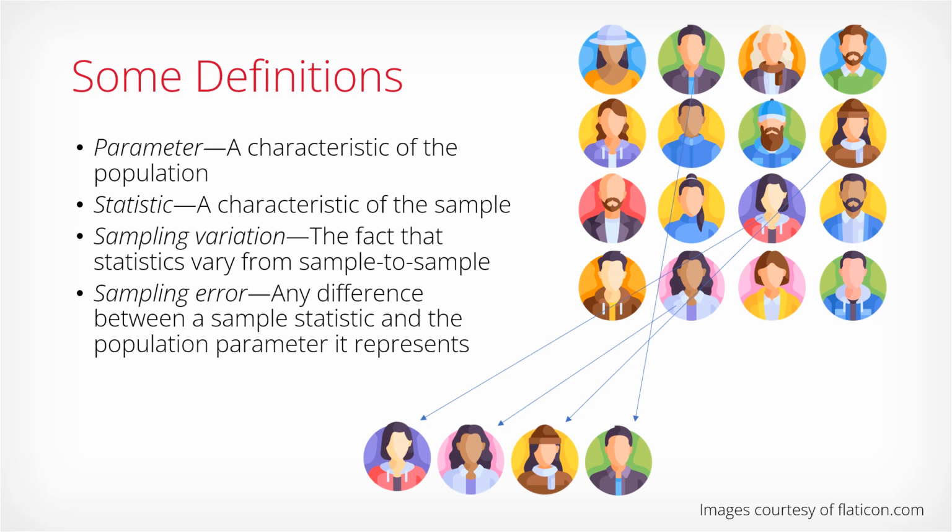There's also a concept called sampling variation, which simply refers to the fact that statistics we calculate are going to differ from one sample to the next because each sample is a little bit different from the others, or a lot different, maybe. A consequence of this is sampling error, which just refers to any difference between the true population characteristic, the parameter, and the sample statistic that we calculate.